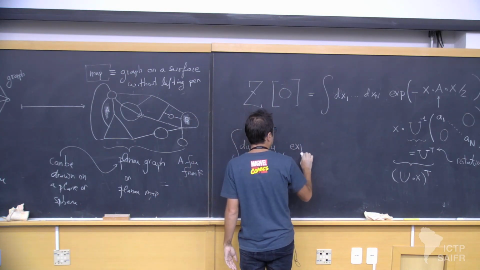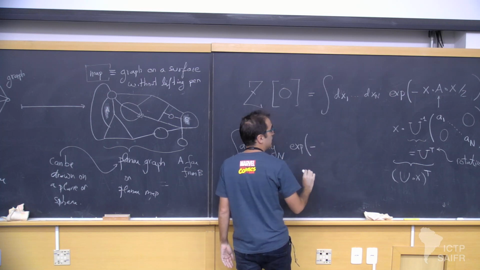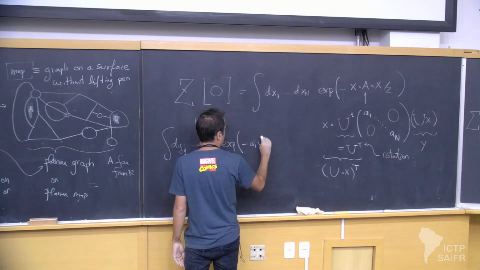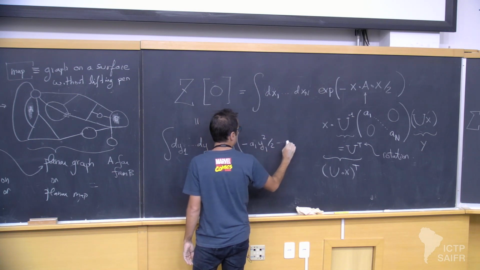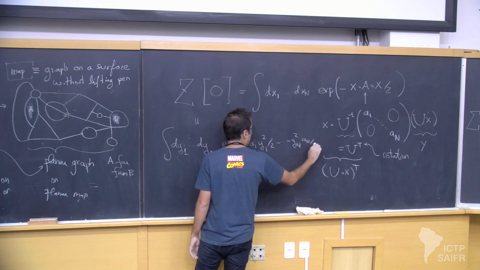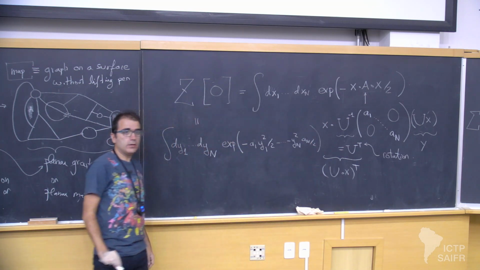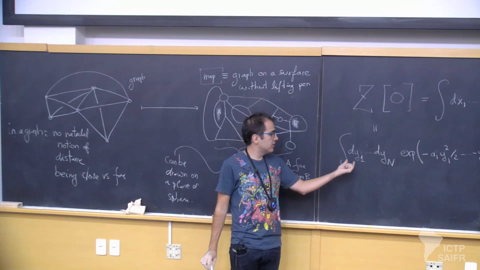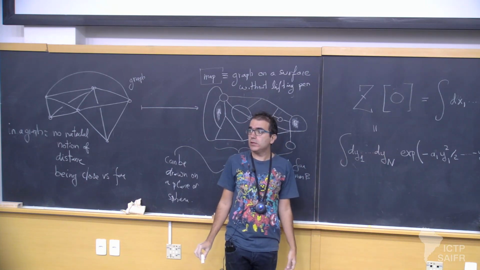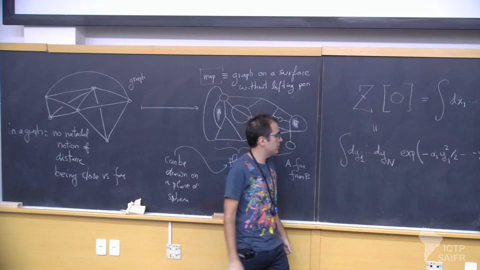But now the integral decoupled because it became e to the minus a1 y1 squared over 2 minus ... minus yn squared an over 2. And each of these integrals over y1, y2, y3, yn we know how to do. It is just a one-dimensional integral.